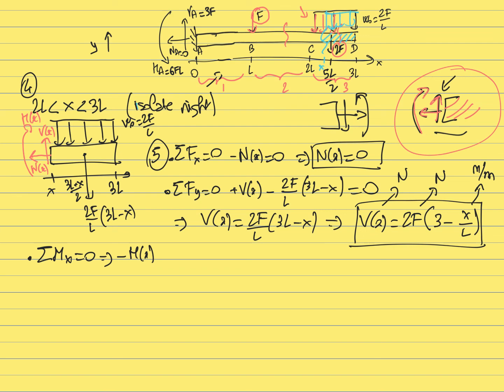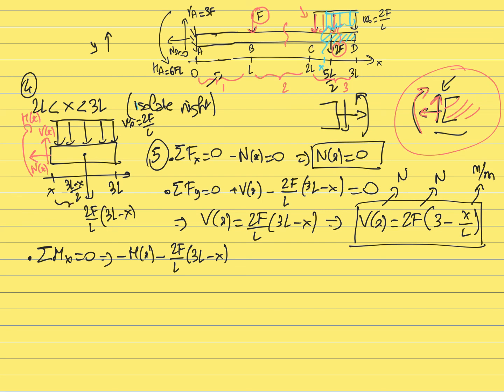What else? We have the moment created by the resultant force, the one that is applied at the middle of this portion of the beam. This force is going to create a negative moment about the point x, so I'm going to add a minus sign. This moment is equal to the magnitude of the force, 2F divided by L times 3L minus x, multiplied by the arm of the force.